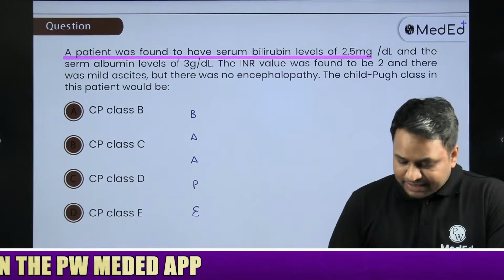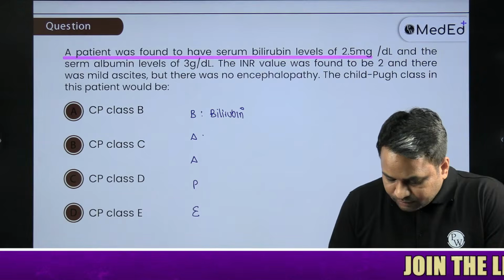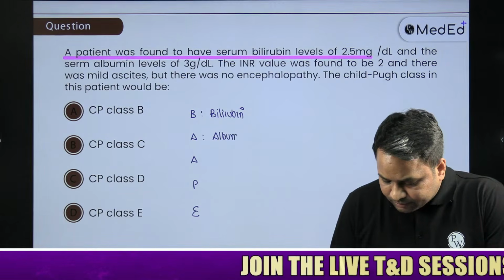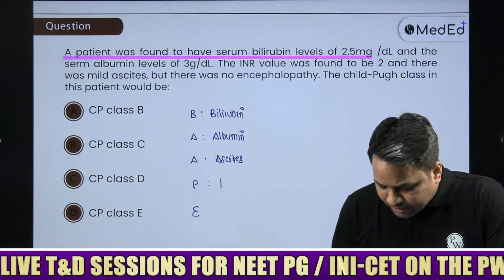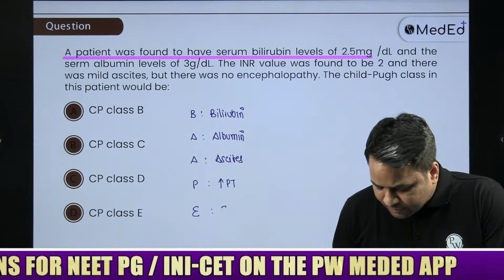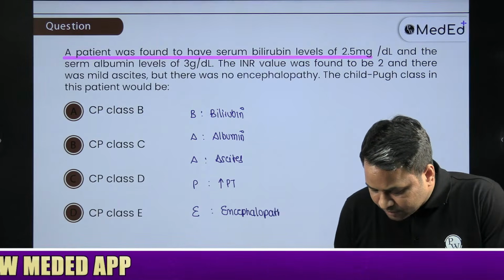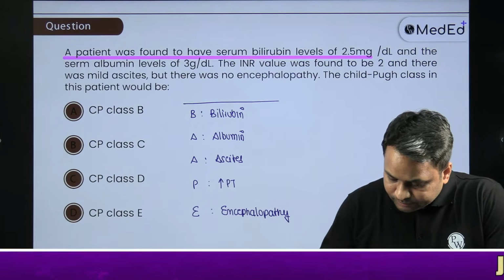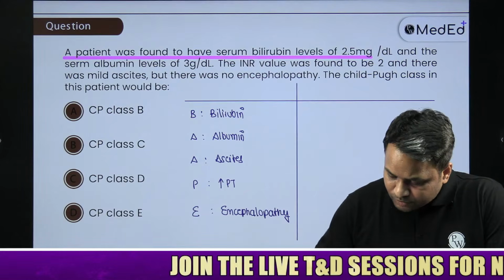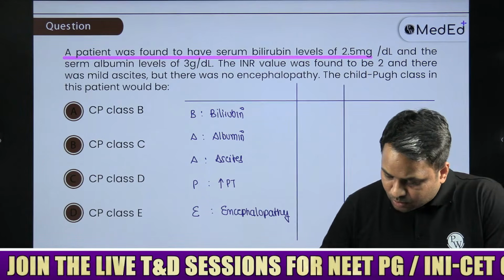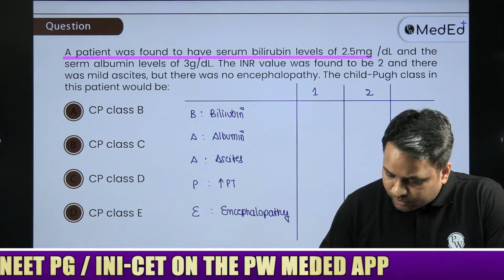B stands for the level of bilirubin, A stands for albumin, another A stands for ascites, P stands for increase in prothrombin time, and E stands for encephalopathy. We give a score of 1, 2, or 3.